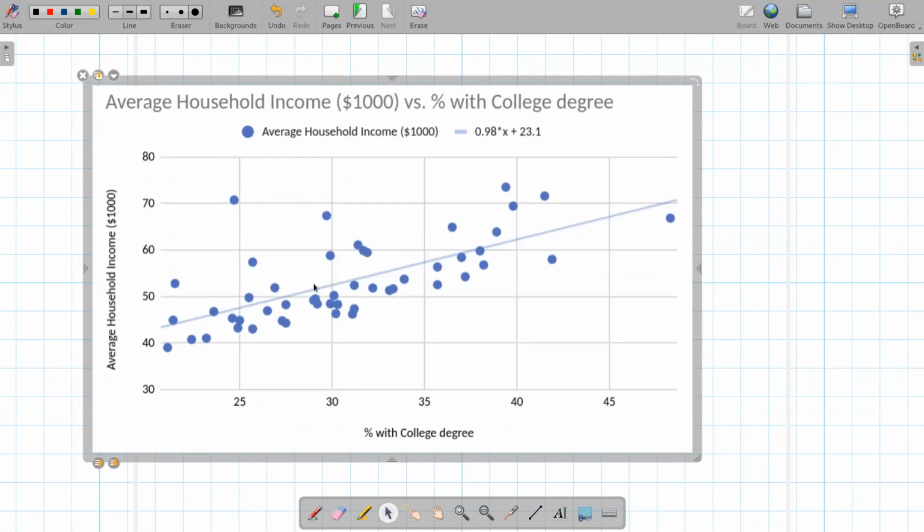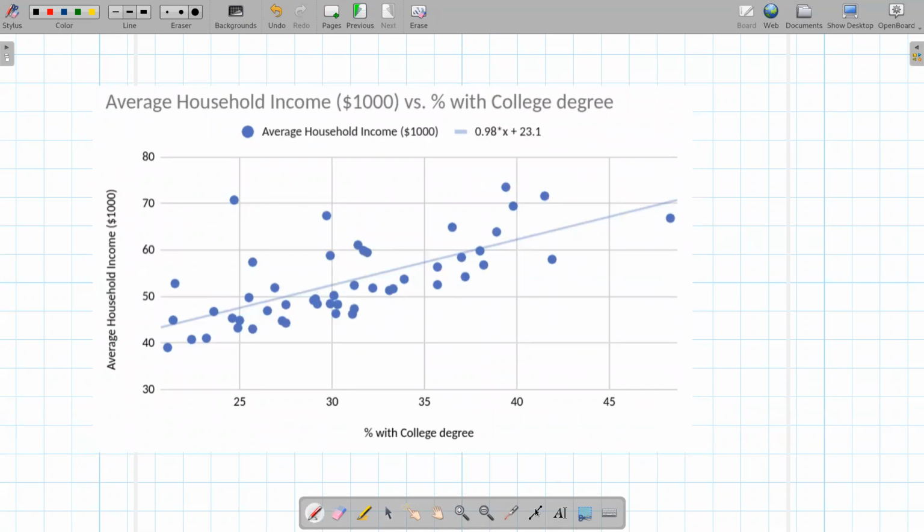So again, the calculation for this line right here, we're trying to minimize the vertical distance between each point and the line. So imagine all these vertical distances. Now I'm not going to draw them all, I'm just going to draw a few of them. Every point has a vertical distance to the line. Some of them are very close, very short distance, but some of them are a little farther out there.